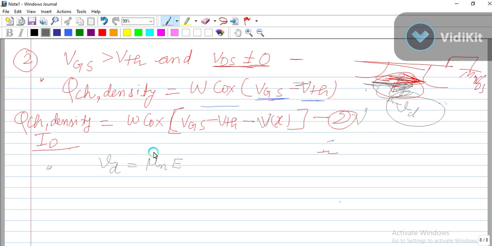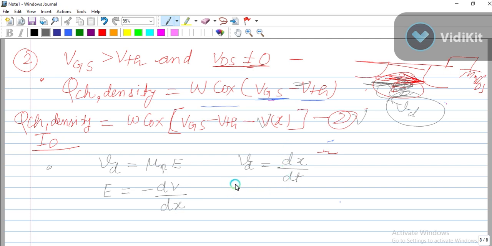This is drift velocity equal to mu n E. And the velocity is also equal to dx by dt, for a small distance we are looking. So it is dx by dt. And we know that E is equal to minus dV by dx.